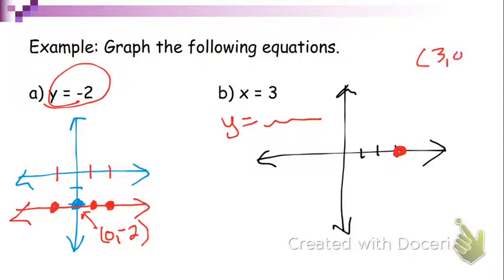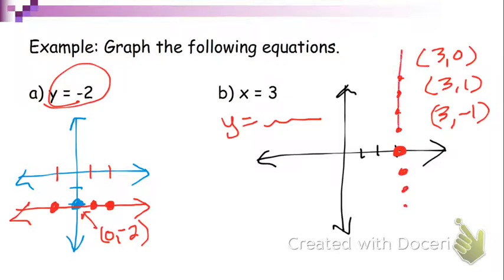We'll just write them down this time. 3, 0, 3, 1, 3, -1. It could be 3, 25, whatever it might be. But you're always going to go over to 3 and then either up or down, however many you need to, whatever your y is, because y is anything. Okay, if x is 3. And then you can draw your line.